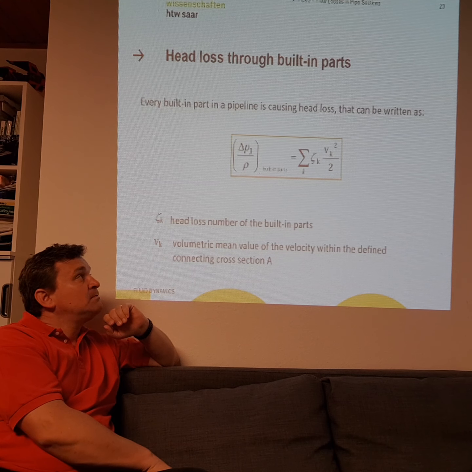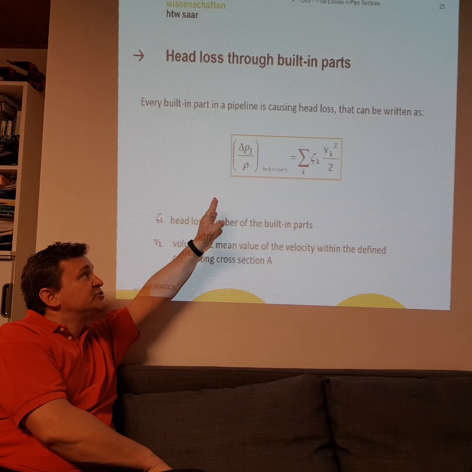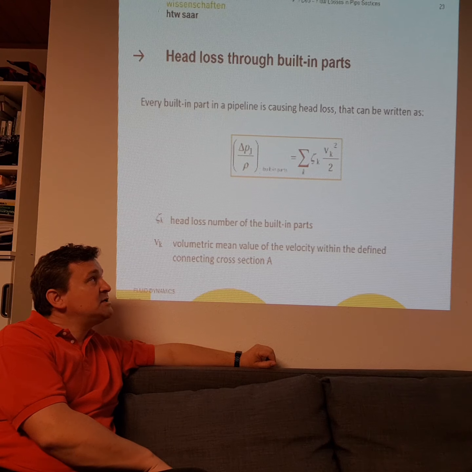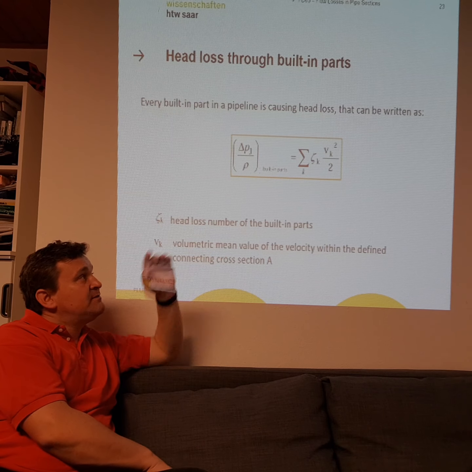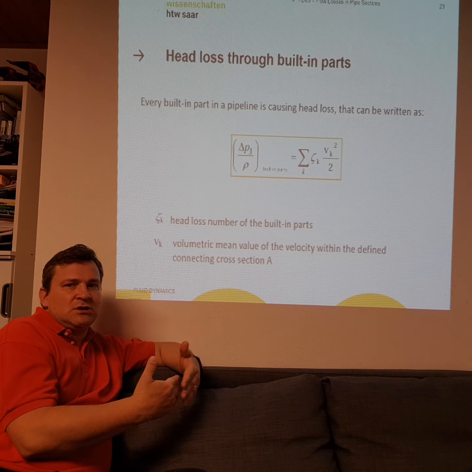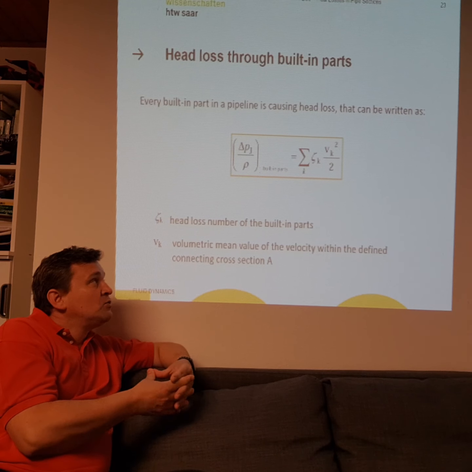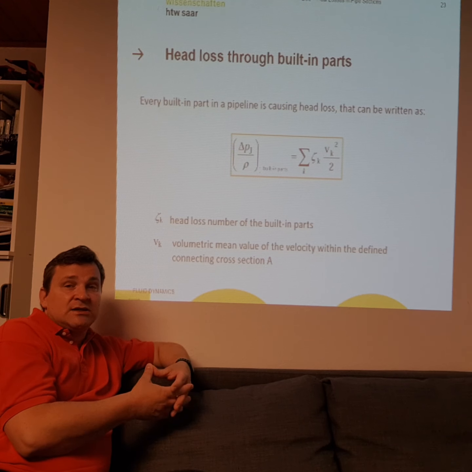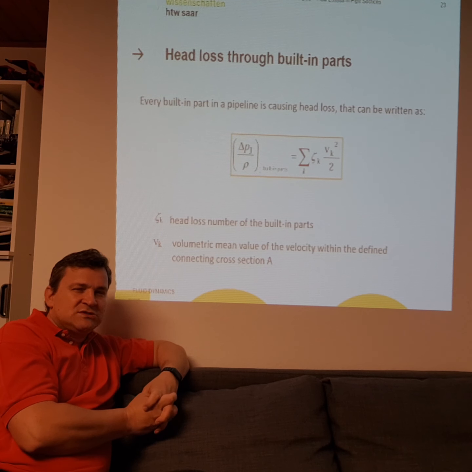You have your delta P, your pressure drop, divided by density, and this equals the Chi value, a value you have to measure, multiplied with velocity squared divided by 2. And if you look closely at this equation, you can also see Bernoulli's law again.